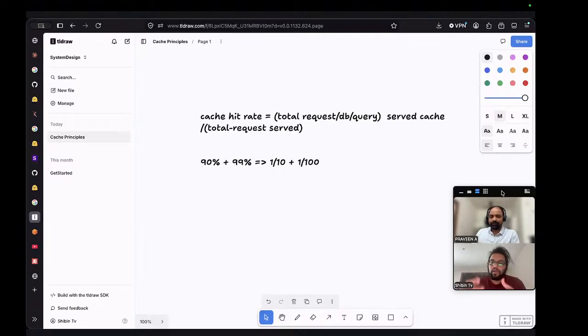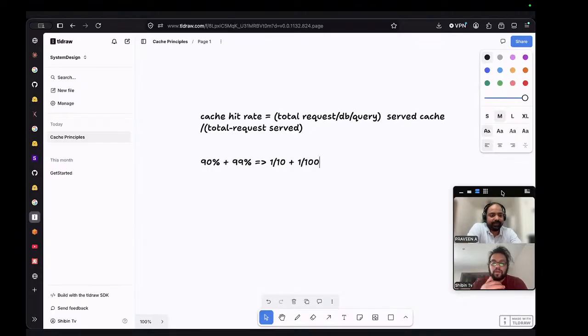Mostly if you are using caching for database reads, this means 10x less database load plus much faster response time. So which technique to choose and when to choose it is very important. 90% versus 99% may be a make or break for your particular system.